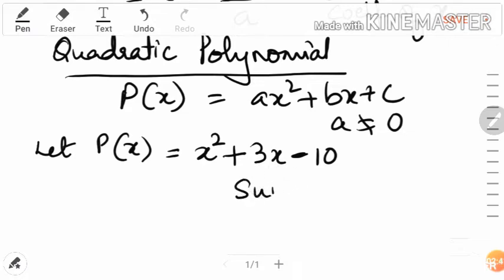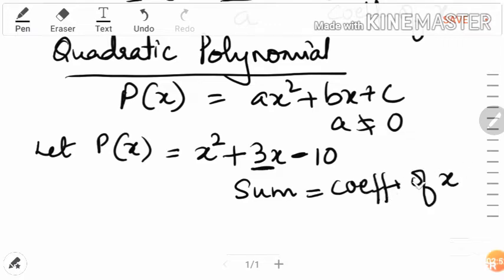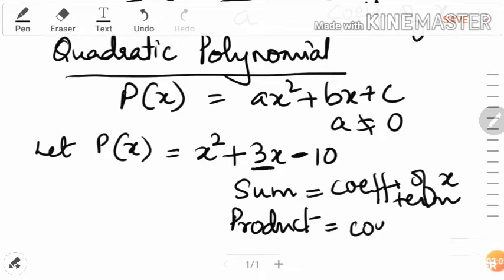The sum is the middle term, which is the coefficient of x term, and the product is multiplication of coefficient of x square and the constant term.